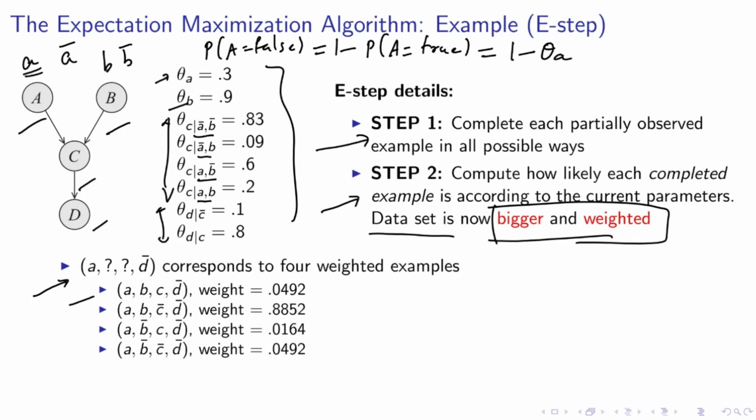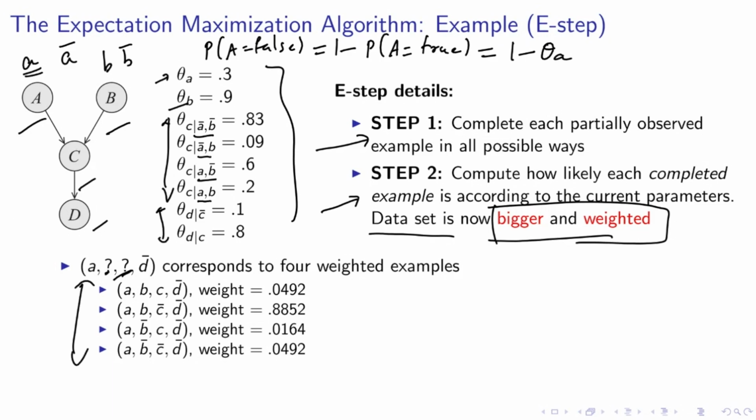Since the values of B and C are unknown, the 4 possible completions of the data instance are A, B, C, D bar, then B, C bar, which is another completion, then B bar, C, which is the third completion, and B bar, C bar, which is the final completion.